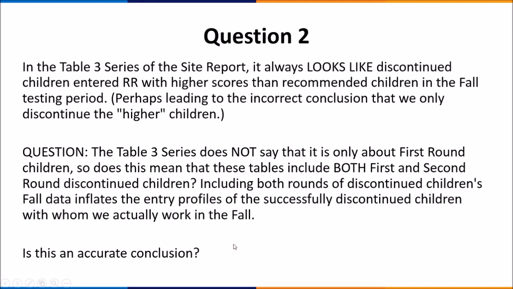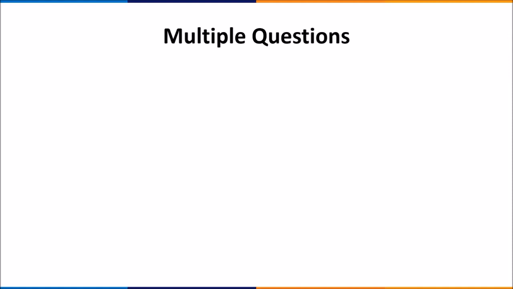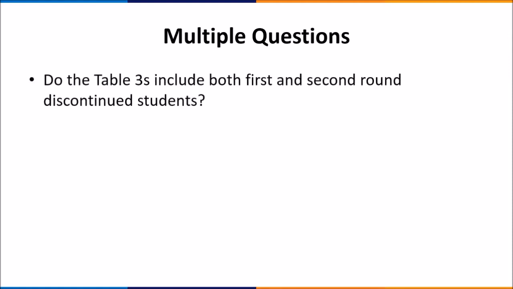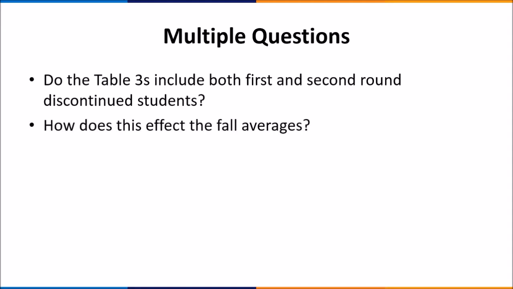So, great question. And I think there's actually multiple questions in this one question here. I'm sort of inferring some questions in here or adding some on. So really the question submitter did have the question, do the Table 3s include both first round and second round discontinued students? And though she's not specifically asking this, she is stating that it does affect the fall averages.